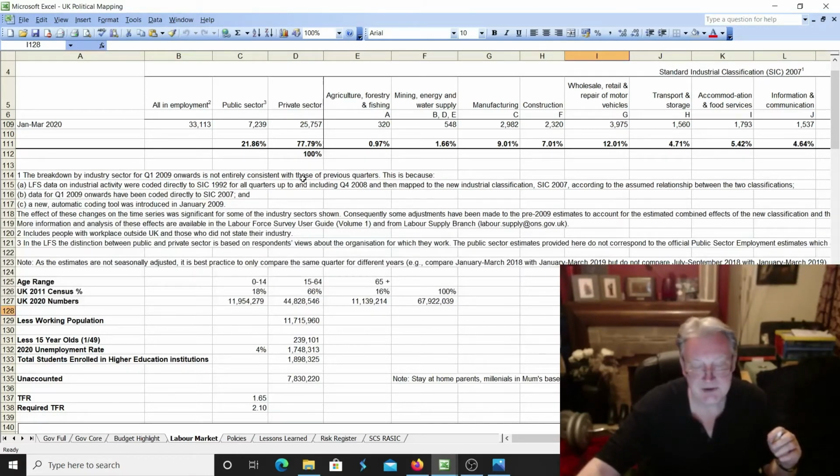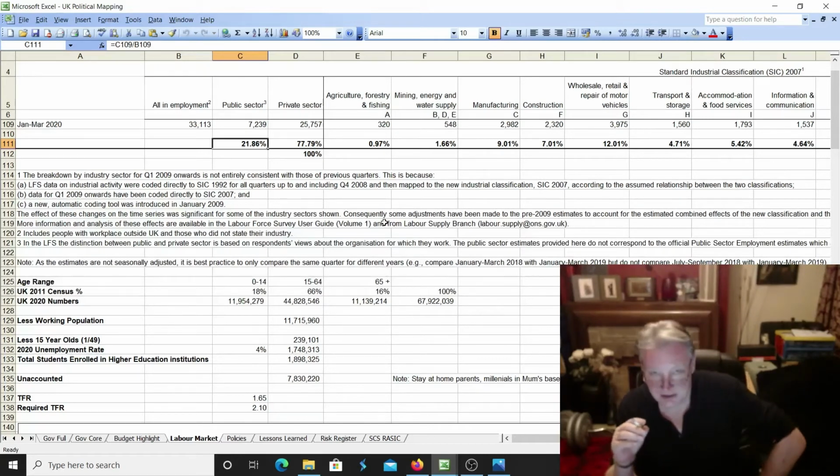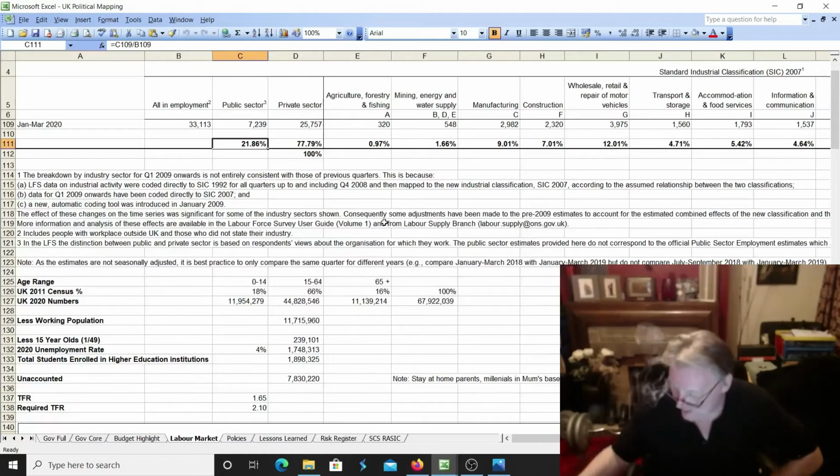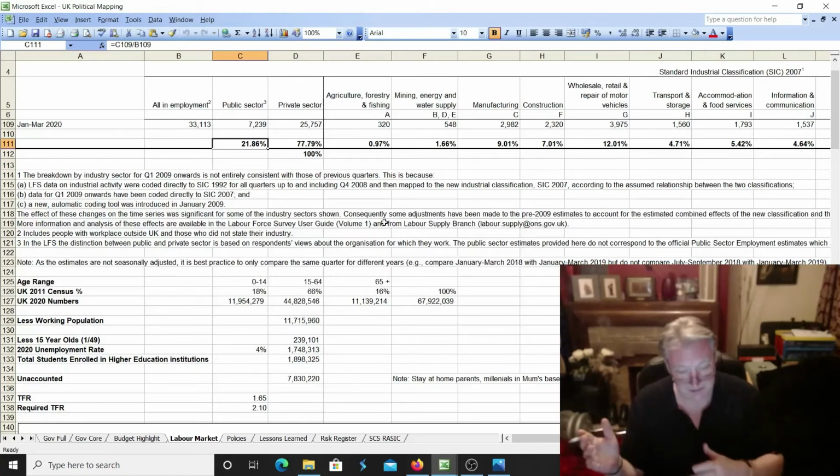But the problem that I've got here is that as much as it's good to have these sectoral breakdowns, which I've got a graph down below to demonstrate further, I'm concerned about this. The 21.86% of the workforce in the UK works for the government on some level, whether that's central government or local government.